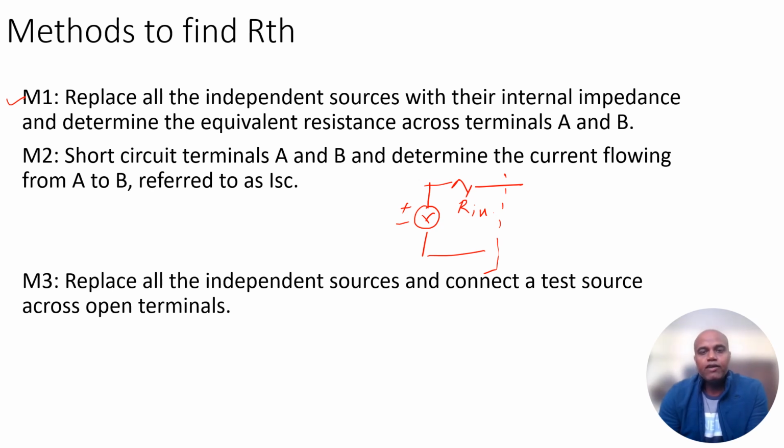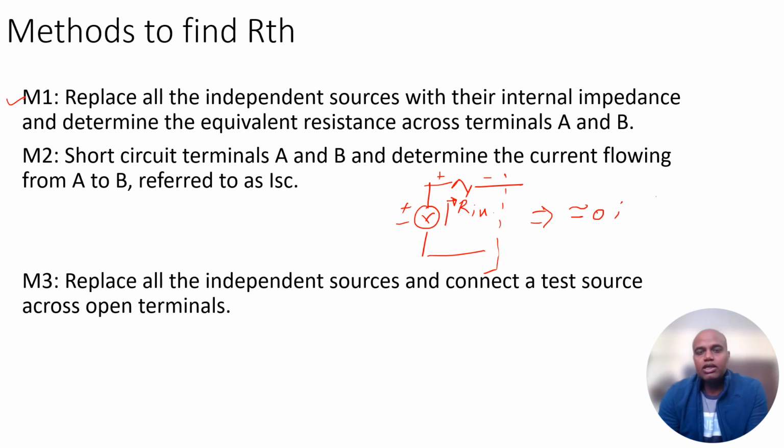If the internal resistance of this voltage source is high, most of the voltage is dropped across this resistance, because the current flows in this direction and most of the voltage will be dropped across the internal resistance of the source. Therefore ideally the resistance of an ideal voltage source should be equal to 0, or approaching 0, or as minimum as possible. So ideally we say that the internal resistance of a voltage source is approximately 0.